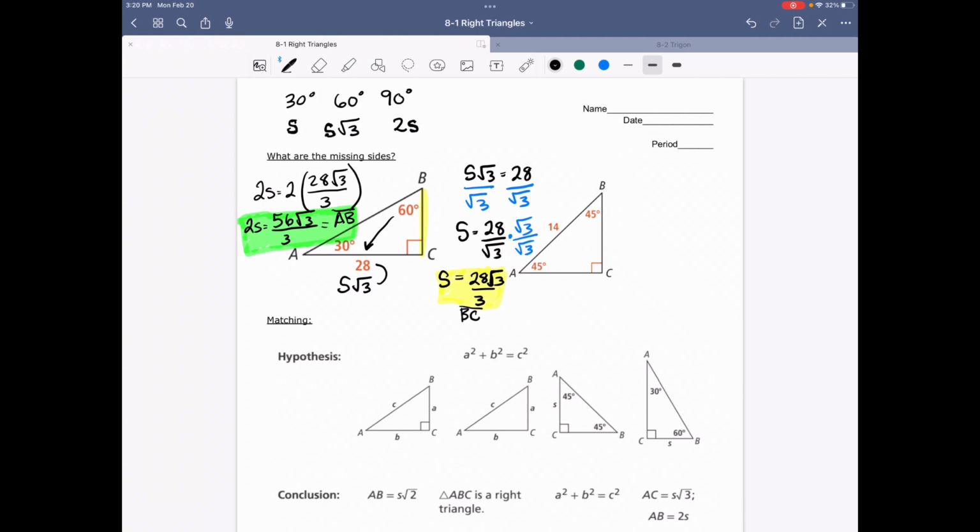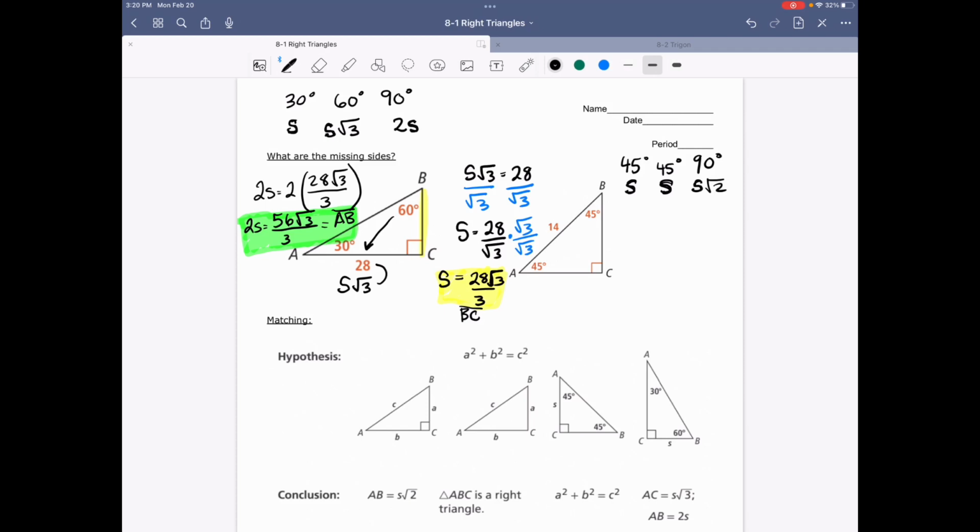All right, this next problem is very similar, but instead we're dealing with 45, 45, 90. So that's S, S, S root 2. So that can kind of be a little chant for you as well. S, S, S root 2.